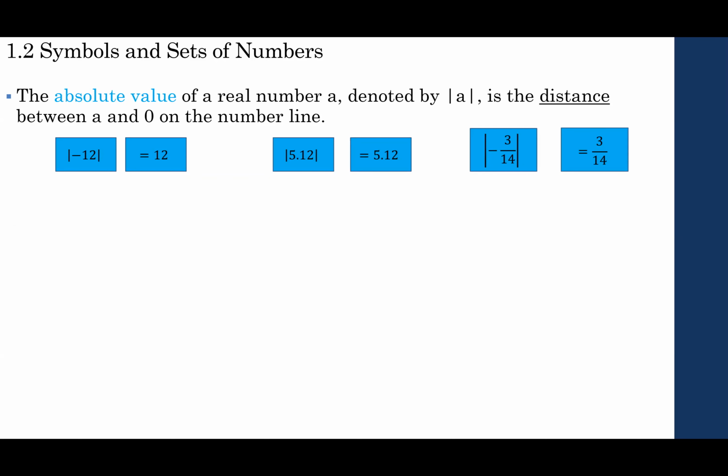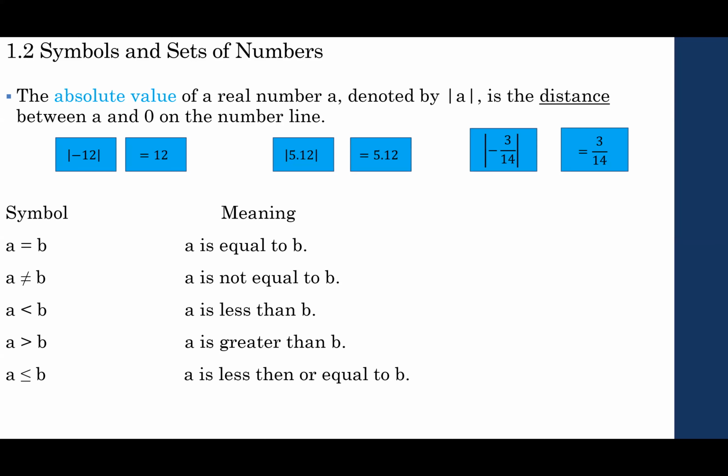Okay. So again, the rest, this is the inequality symbol. One thing about inequality is we always read it from left to right, to help ourselves stay consistent. If you read this from left to right, you say A is equal to B, right?